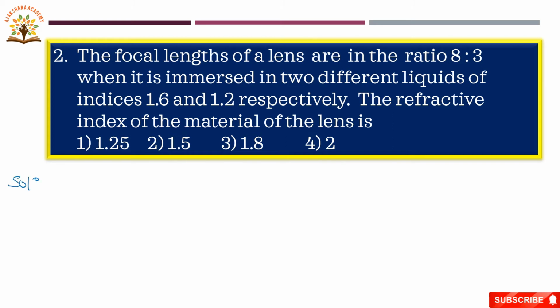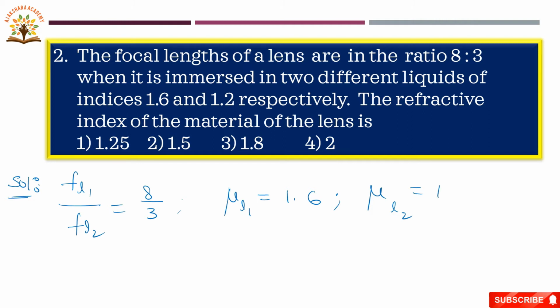Given the ratio of focal lengths, that is 8 by 3, and the refractive indices of the liquids they gave as one is 1.6 and the other is 1.2. So we have to calculate the refractive index of the material of the lens.